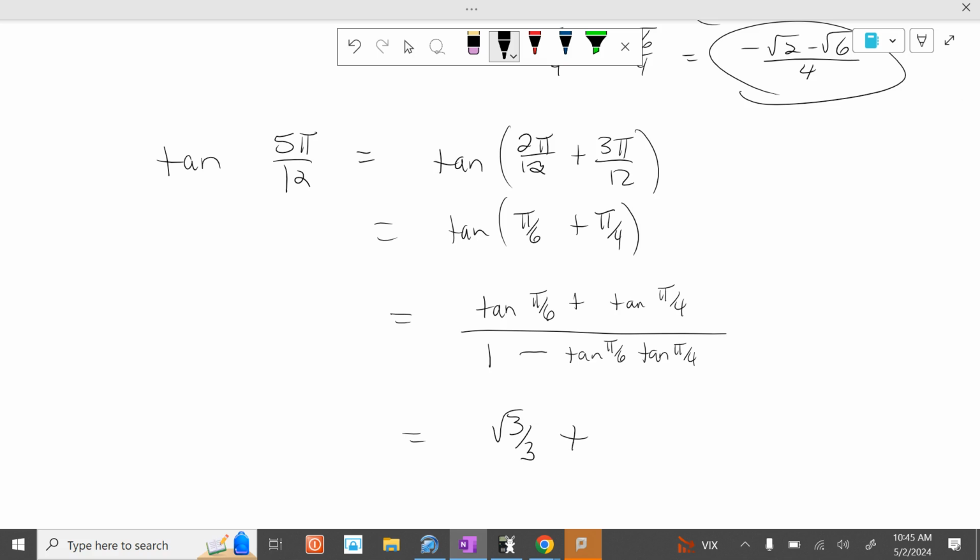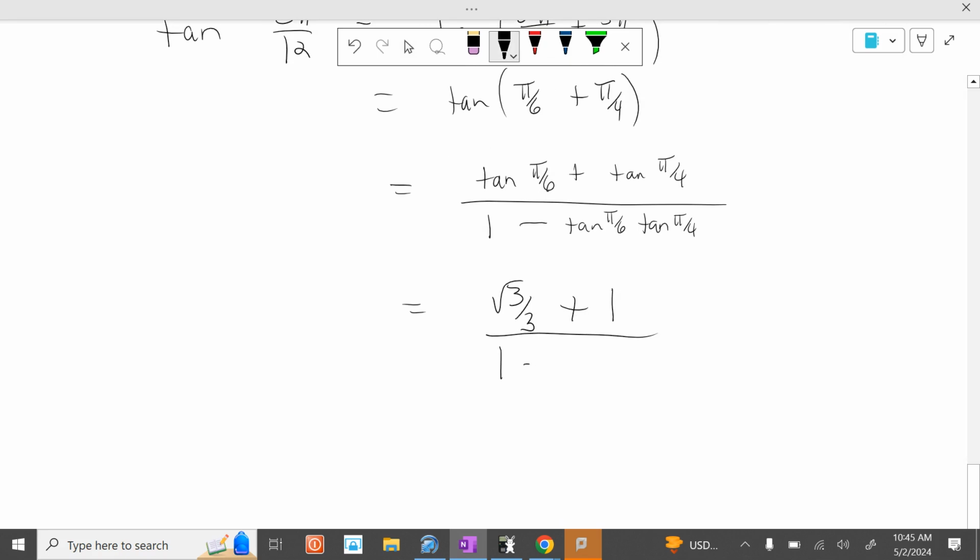Plus tangent of pi over 4 is what? Square root of 2 over 2 over square root of 2 over 2, which is 1. Just plain simple 1. When you have the same exact things over each other, like 5 over 5 or 2 over 2, square root of 2 over 2 over square root of 2 over 2 is just 1.